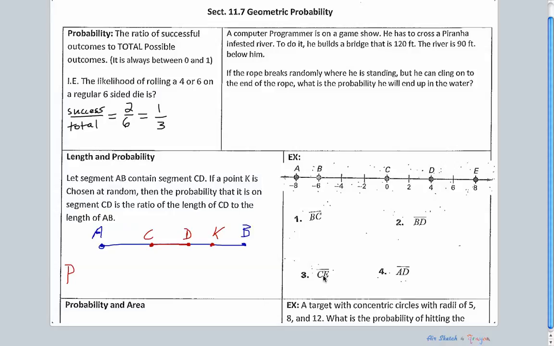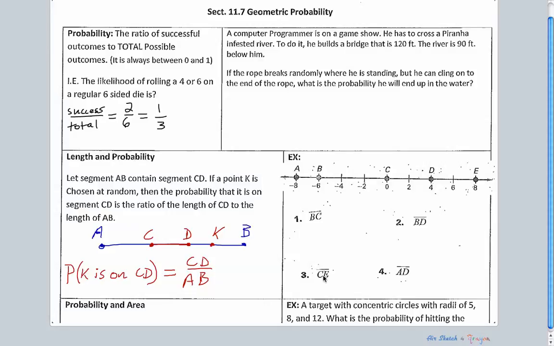And if we think about it, it fits right into what we just learned about probability. I'm taking what I want, to land on CD, and dividing that over the total number of outcomes. Well, the number of outcomes in this case is the length of AB. That's my possible places where K could land. So probability that K is on CD is CD over AB.